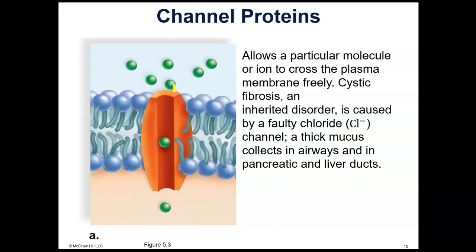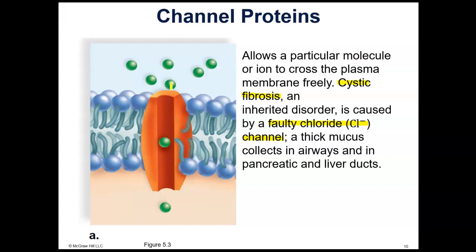The problem is in some diseases like cystic fibrosis, a disease where this chloride ion channel is faulty. It has a faulty chloride ion channel. And since the chloride ions can't move across, neither can water. So water doesn't move in and mix with the mucus and thin it out.